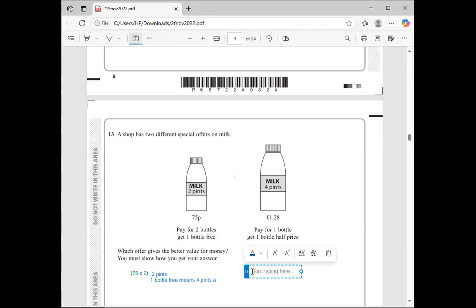Pay for one bottle, get one bottle, half the price. Okay, so if we're to do the same thing for this one, one bottle is going to be 1.28 plus pay for one bottle to get one bottle, half the price. Half the price. So half of 1.28, that's 64 pence.